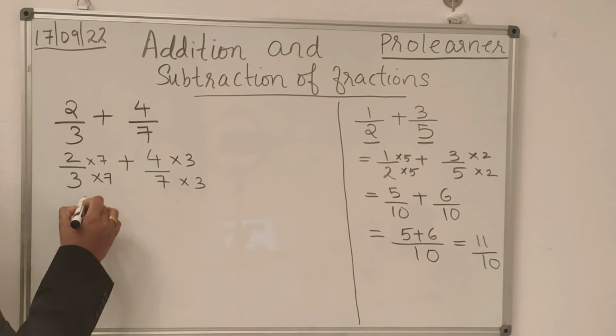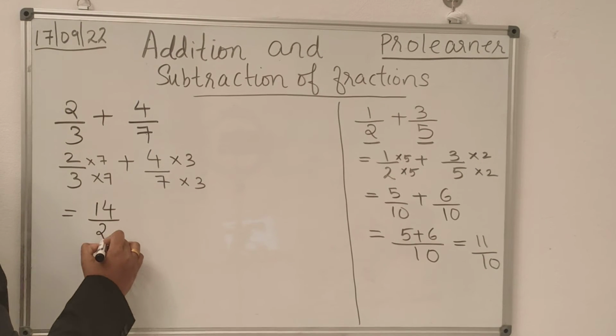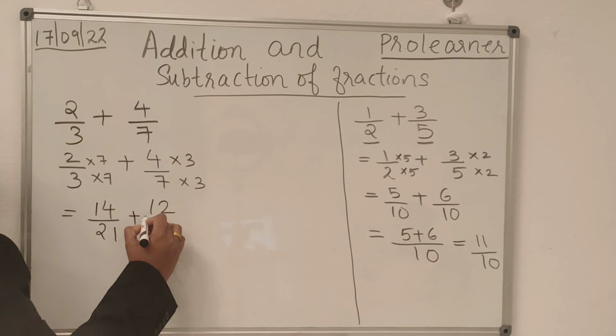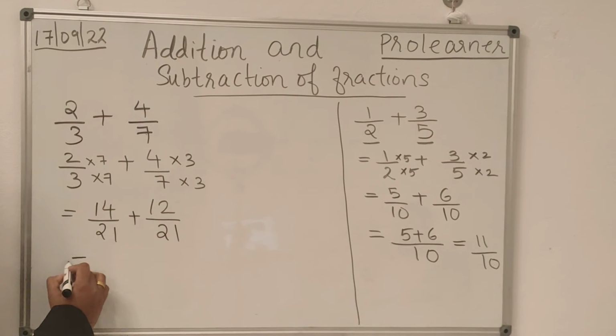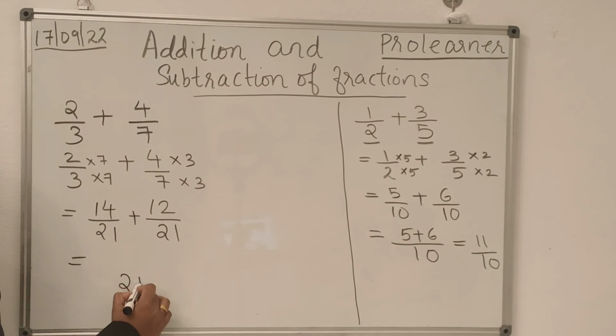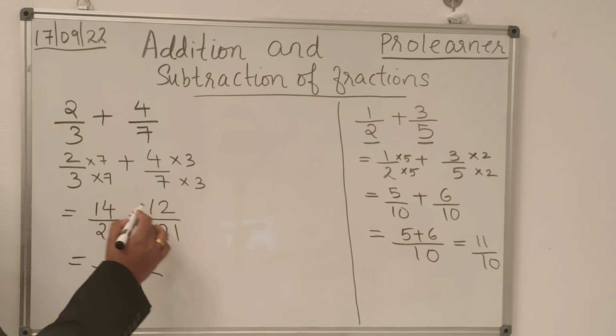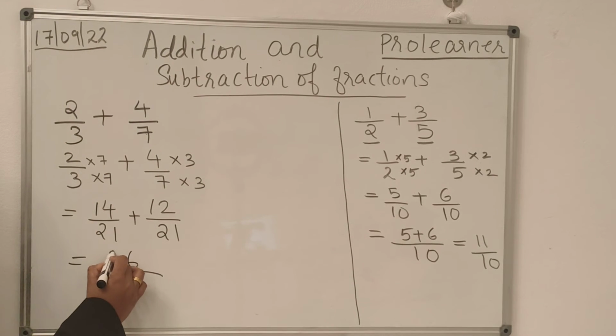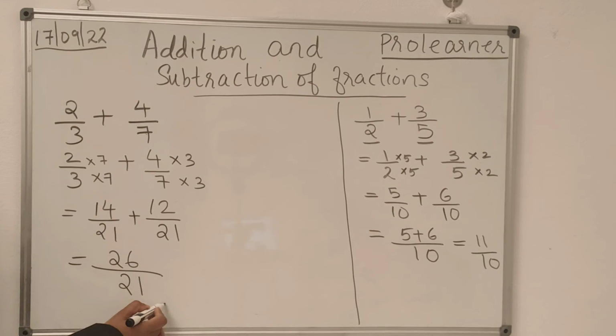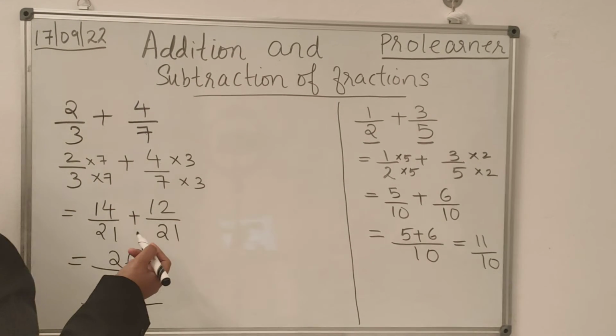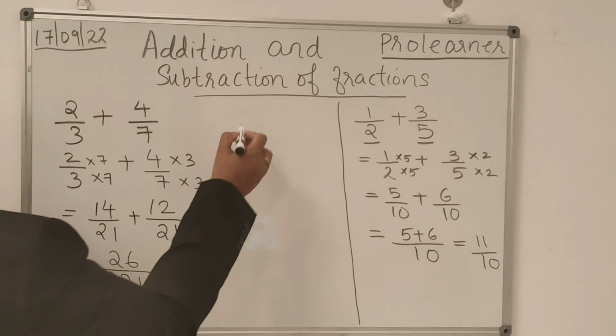So what will be the answer? 14 over 21 plus 12 over 21, isn't it? So the denominator became 21 now. It won't change. Then we will add the numerators, which is 26. So the answer will be 26 over 21.